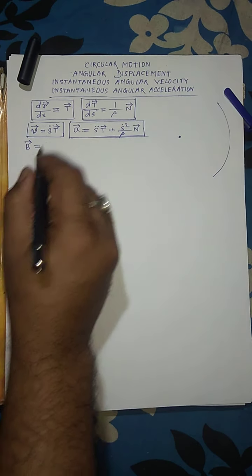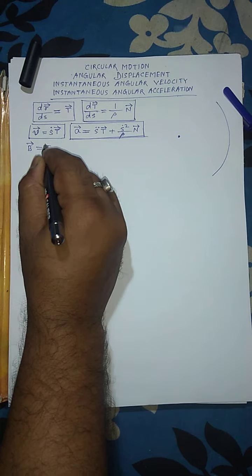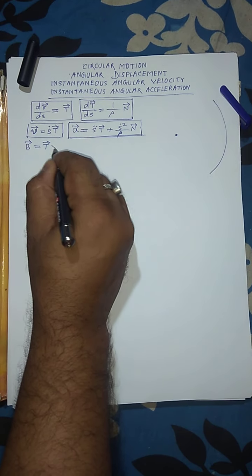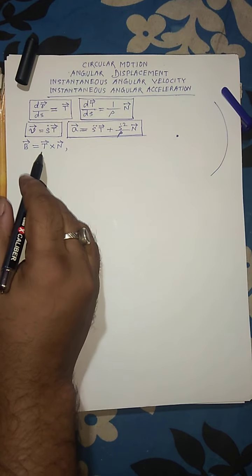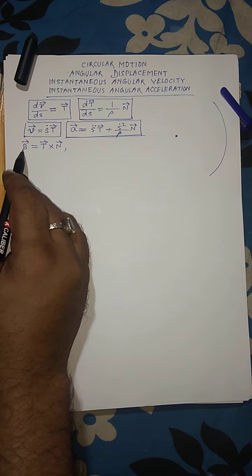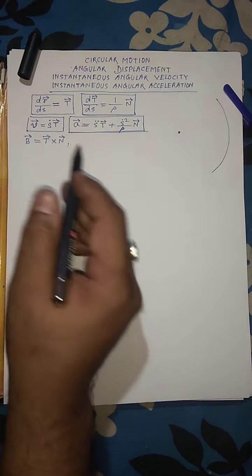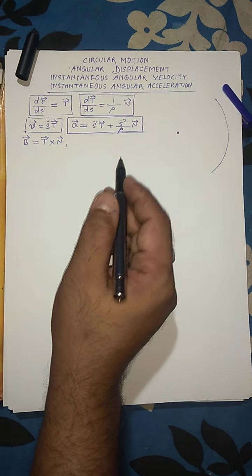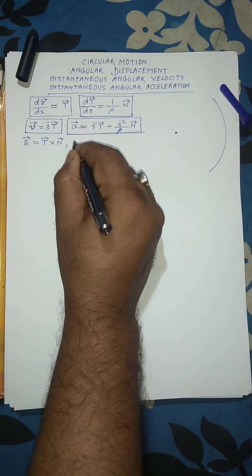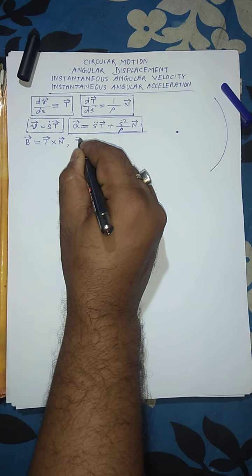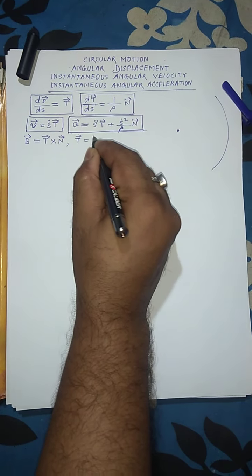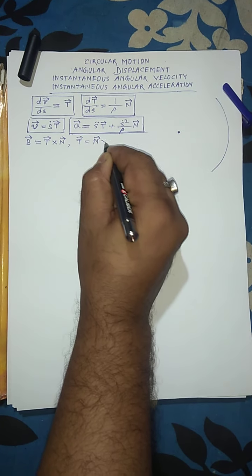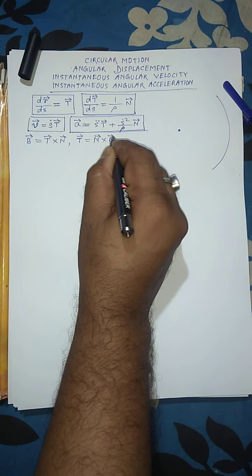Thus we write vector B is equal to vector T cross vector N, and the unit tangent, the unit normal and the unit binormal are all mutually perpendicular to each other. So we can write vector T is equal to vector N cross vector B.